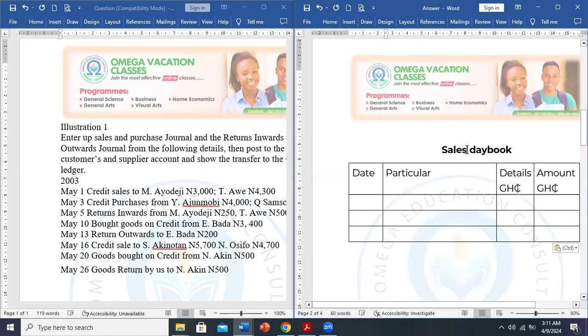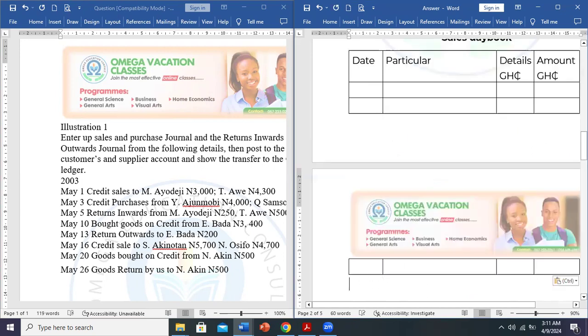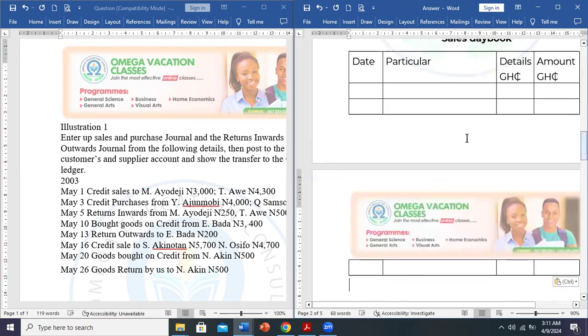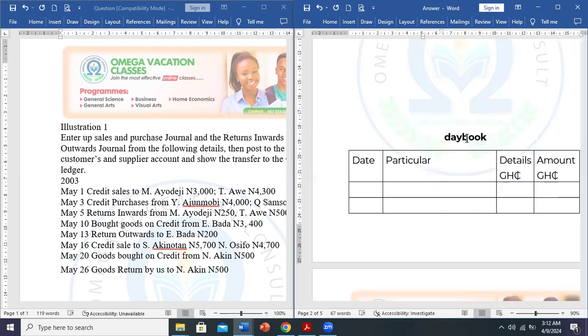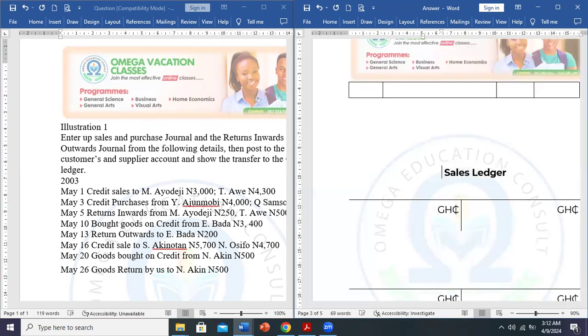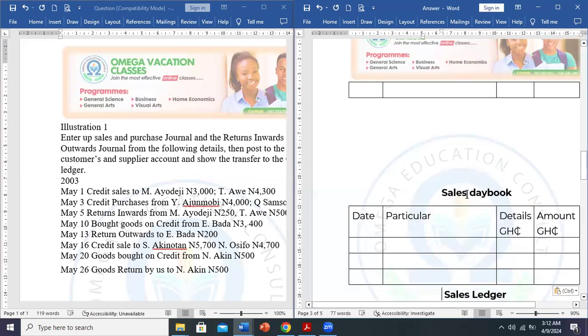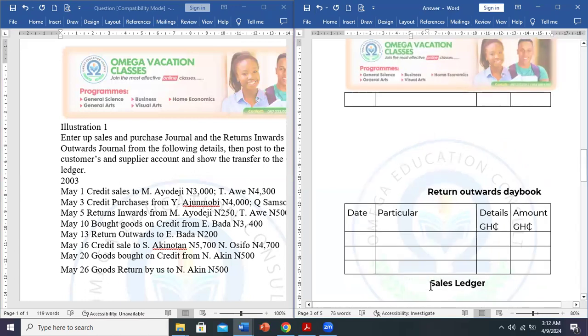So I'll call this one the purchase daybook. And the next one will be my return inwards. The last one will be the return outwards.